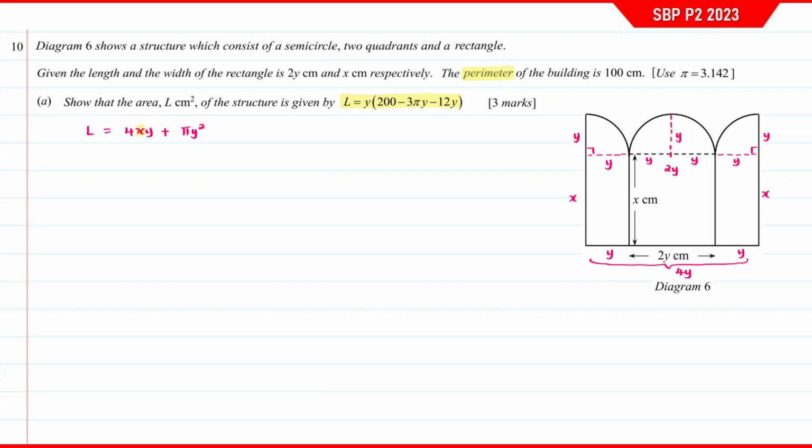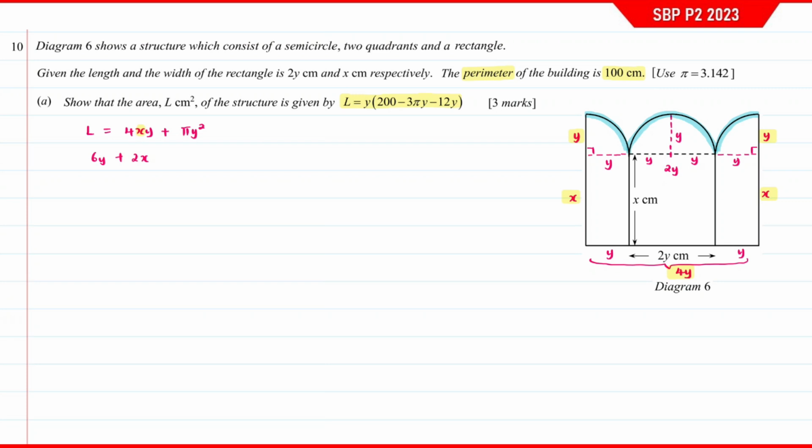So now using the information, the perimeter of the building is 100 centimeters. So to find the perimeter, we're going to sum up first this part. So here we're going to get 6y plus 2x. As for this part, it is a circle.